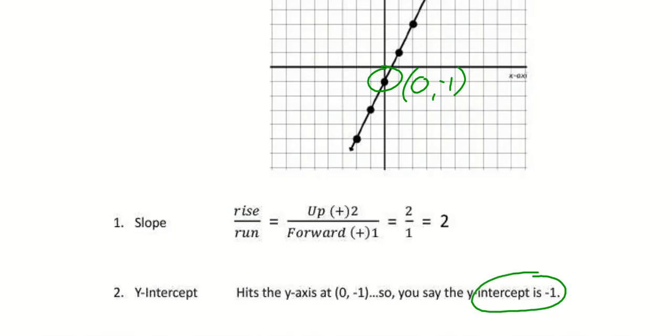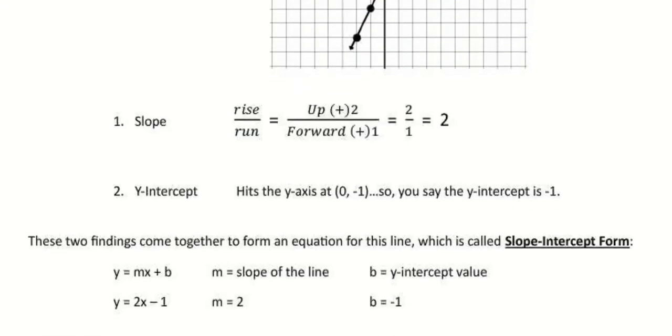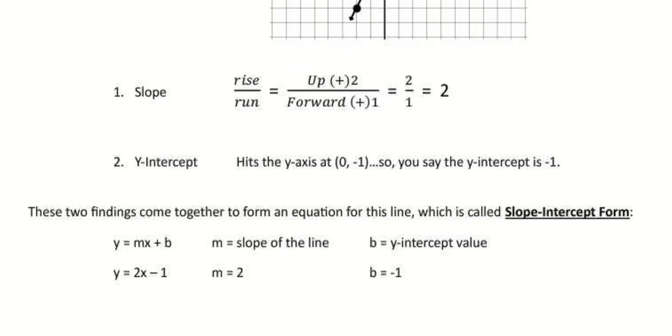And what I do is I take those two pieces of information and create what is known as the slope-intercept form equation. As you can see, it's the setup right there: y = mx + b. Now don't worry about why they're using m and b. It doesn't make sense based on what they're talking about, but that's what is always used, so you just have to accept it. The m, which is the multiplier on the x, represents your number for the slope, and the b represents the intercept value.